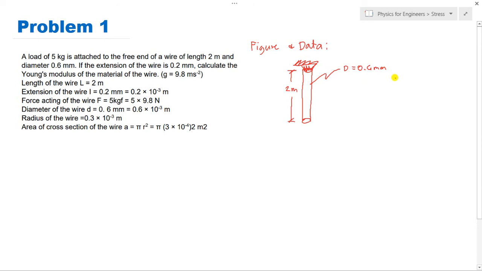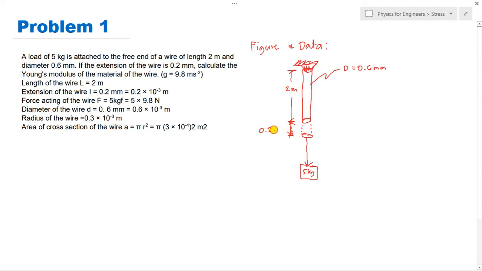If the extension of the wire is 0.2 mm, so therefore may extension ni kay gi-suspend ang load. So ni extend siya, exaggerate ni para maklaro ang extension. Naa diri nakakabit ang load nga 5 kg. So this one is 5 kg. Okay, ang iyahang nasukod is 0.2 mm.